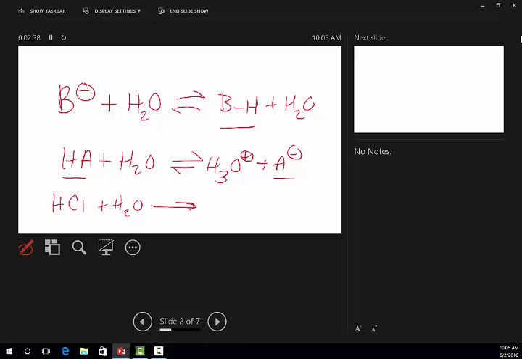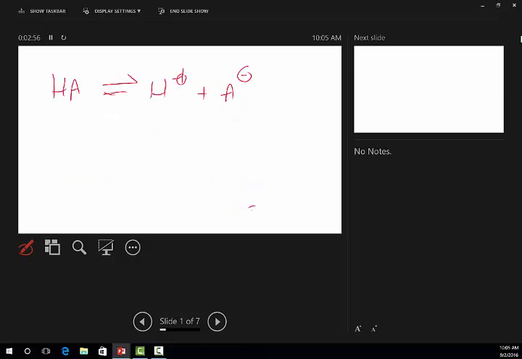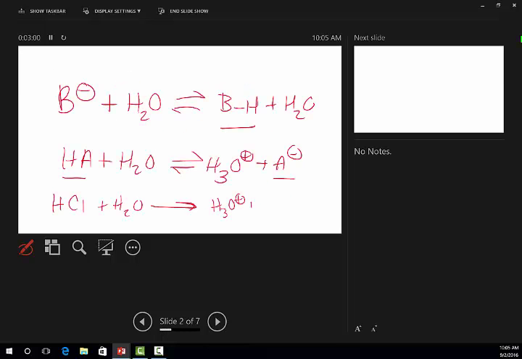It's one of the ones that completely dissociates, which is not a lie, but it's an oversimplification because it doesn't 100% dissociate. But we'll leave that aside. We're going to form H3O plus and Cl minus.